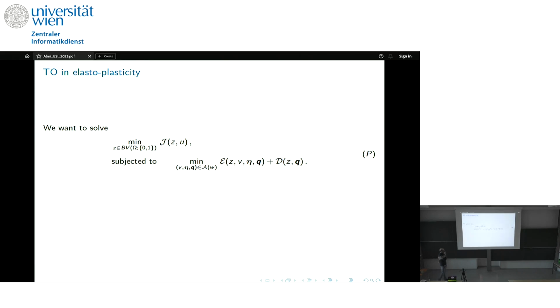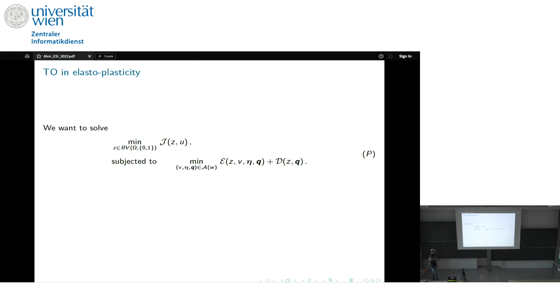So you want to minimize this cost functional J in the class of BV functions, or if you want, the set of finite perimeter, so BV taking values in 0, 1 only. And the physics is described by the equilibrium problem. So you're saying that this displacement U appearing here is part of the triple that is solving the equilibrium elastoplasticity problem.